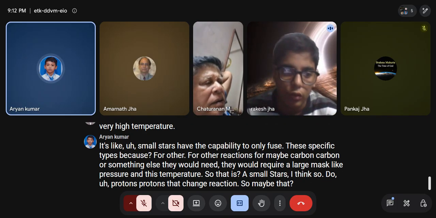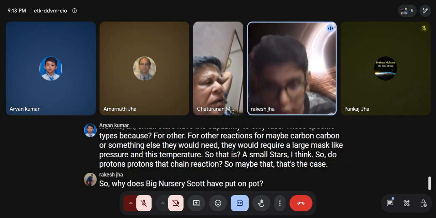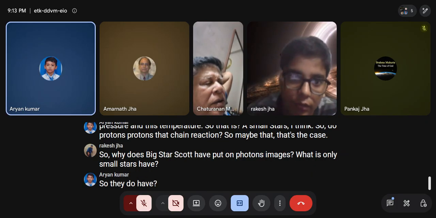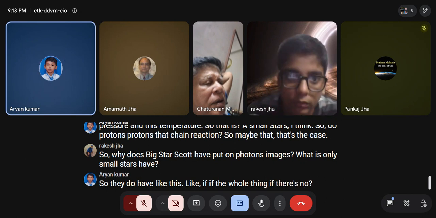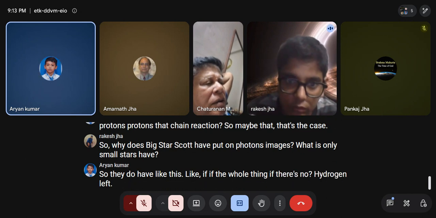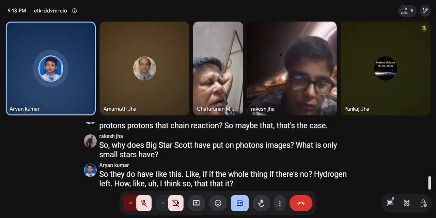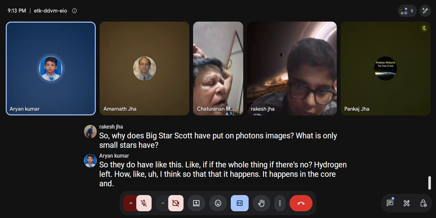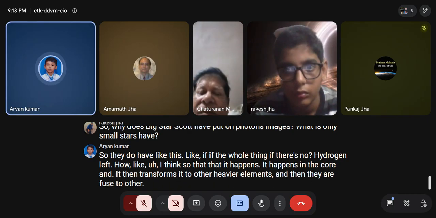So why can't big stars have proton chain nuclear fusion? Why do only small stars have it? If there's no hydrogen left in the core, it then transforms into other heavier elements, and then they fuse to form other heavier elements.